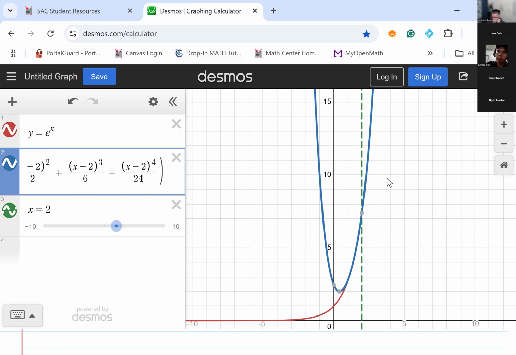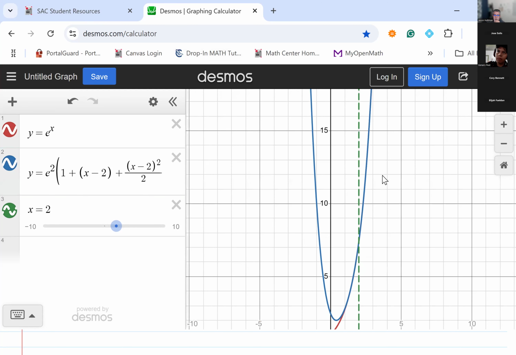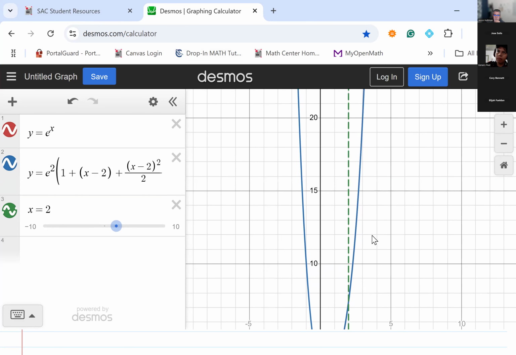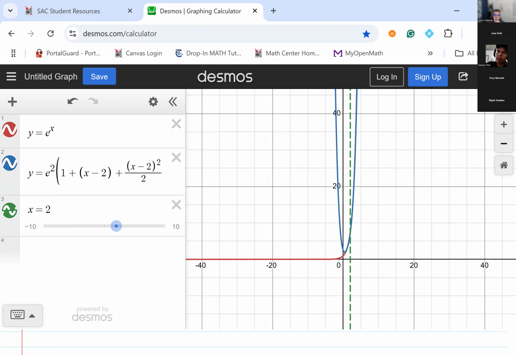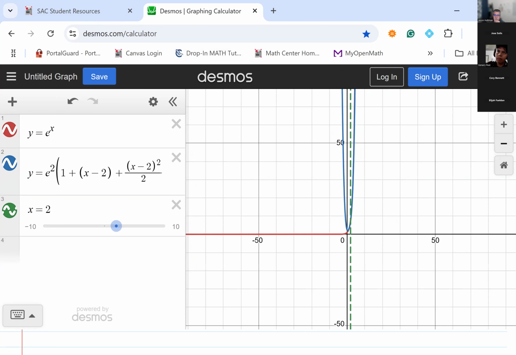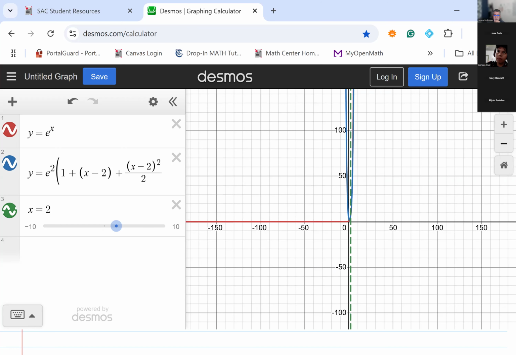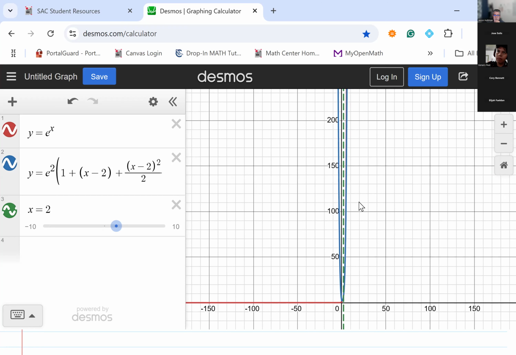We see that around x equals 2, the curves are again basically indistinguishable. We could zoom out a little bit, and we could see that all the way up here, very, very far, the curves are basically indistinguishable.